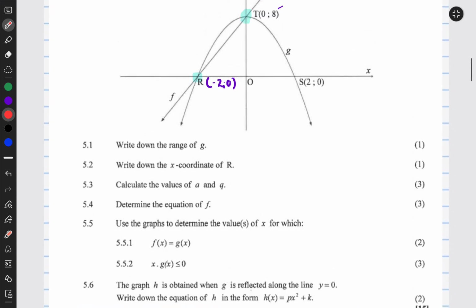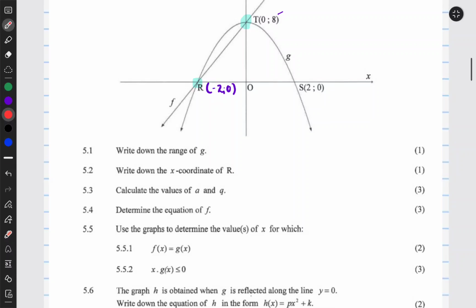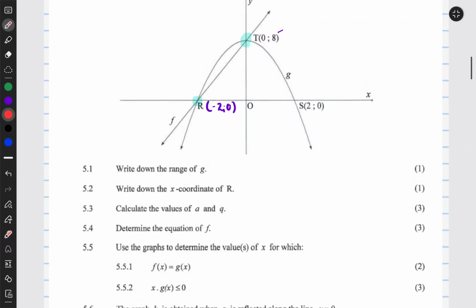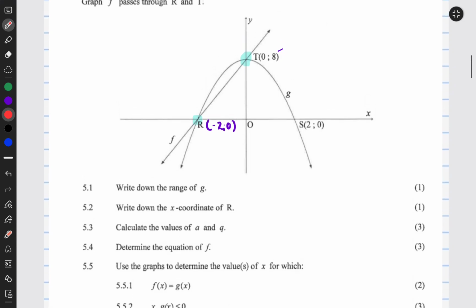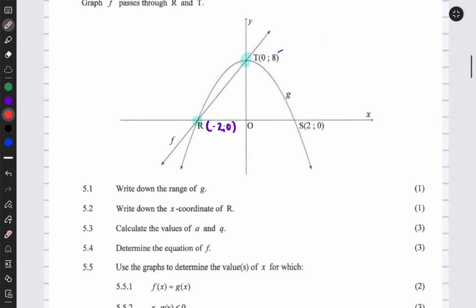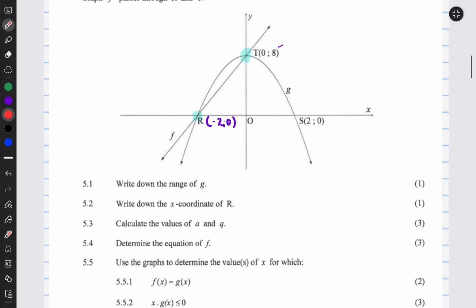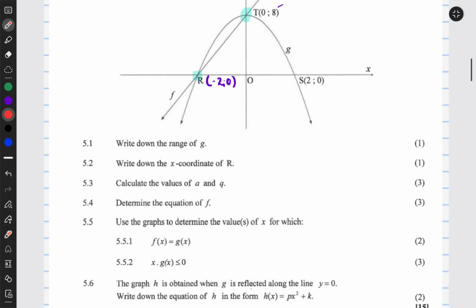And then we have to use the graphs to determine that, but I will guess it's where x is less or equal to r, or x is greater or equal to s. Yeah, where the function is less or equal to 0, where the function is less or equal to 0.